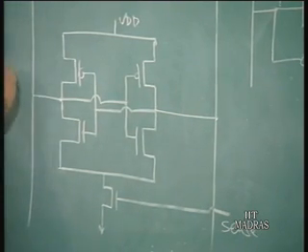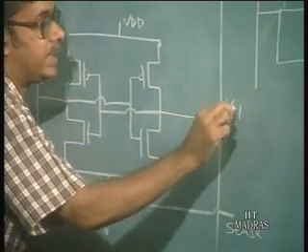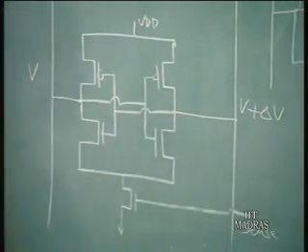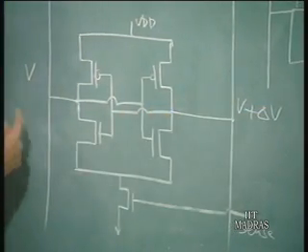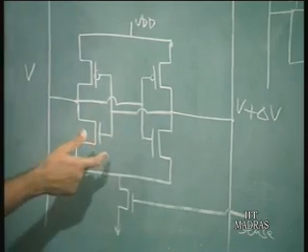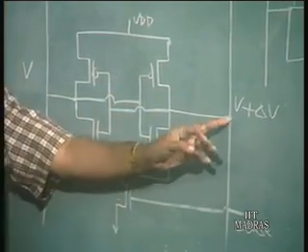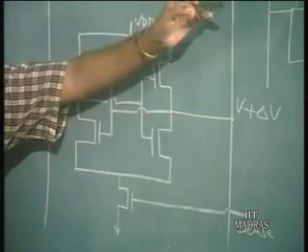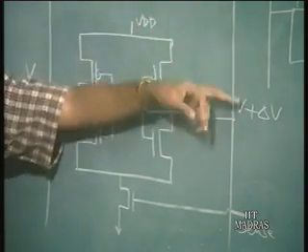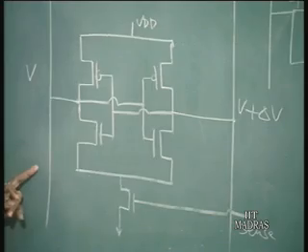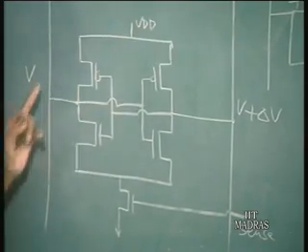So, suppose this is V and this is V plus delta V. So, this voltage is higher compared to this, and if we then turn on this sense amplifier, since this voltage is higher, this will always tend to go to the higher value, that is VDD, and this one will go to ground. So, this one will go to logic 1 and this one will go to 0.